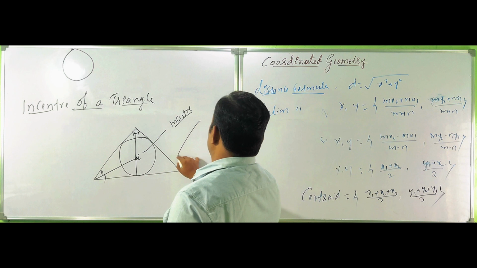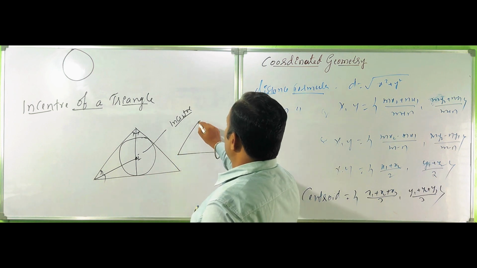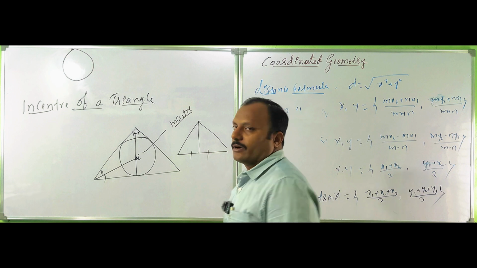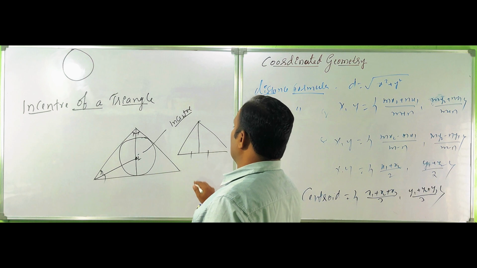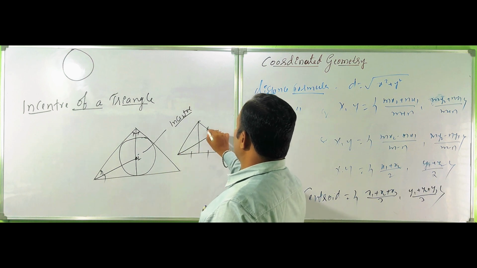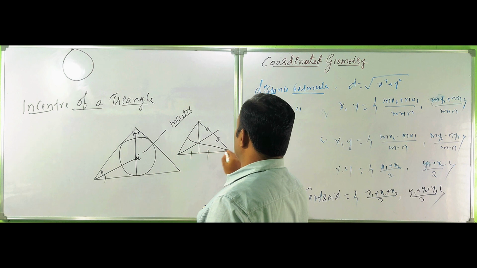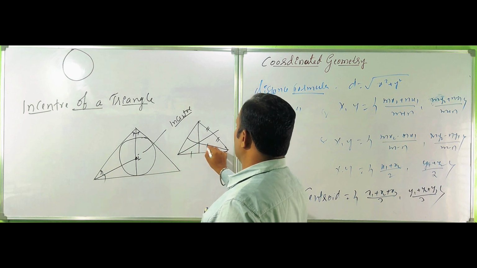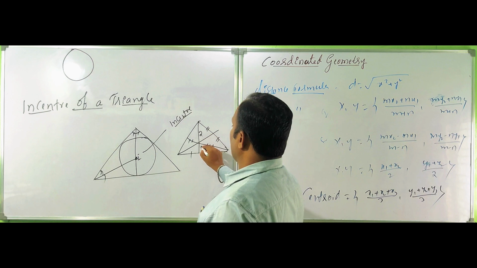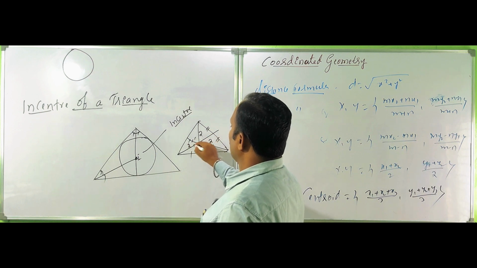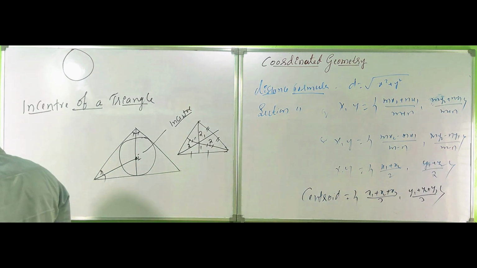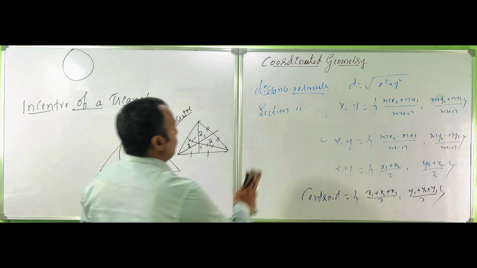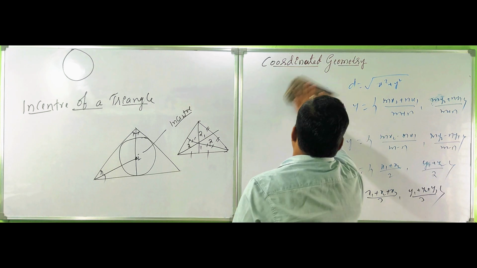For the centroid, the important point is that the line segment from the vertex to the opposite side cuts the opposite side at exactly its midpoint. And the property is that it cuts the line segment in a 2:1 ratio.